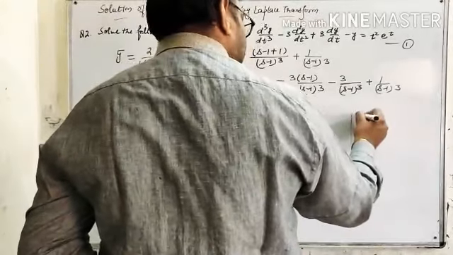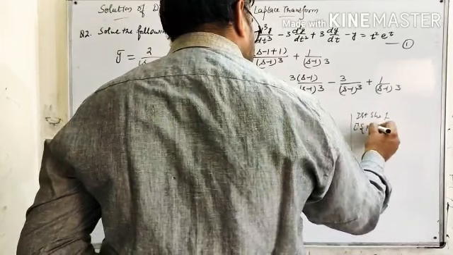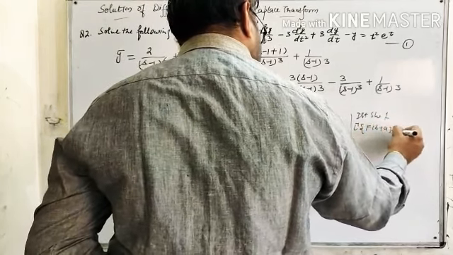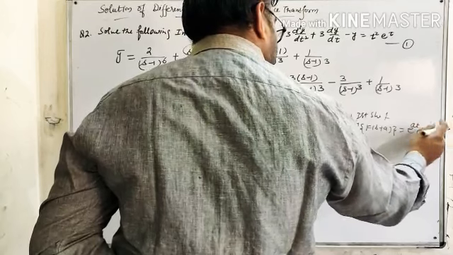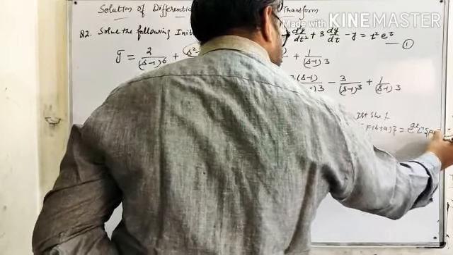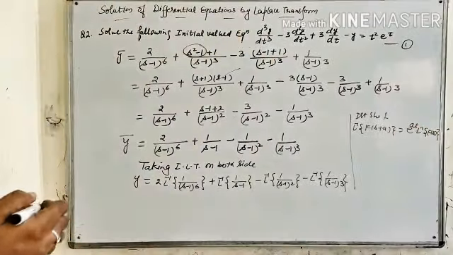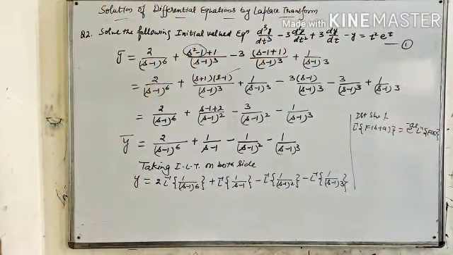So applying first shifting theorem, that is inverse Laplace of F(s plus a) is equal to e raised to power minus at into inverse Laplace of F(s).